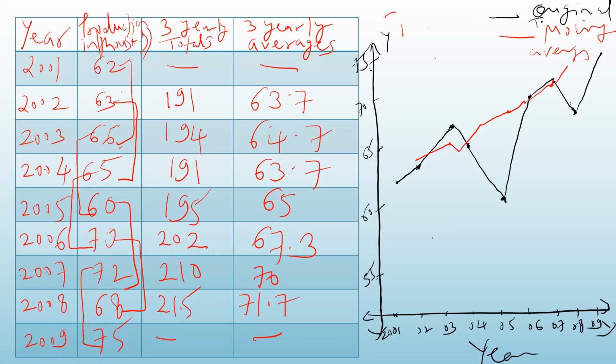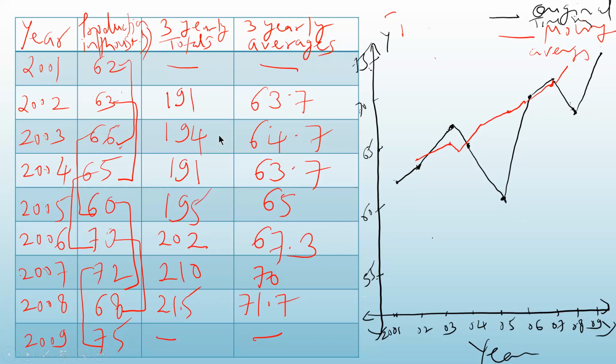So the one shown by the black color is the original, and the one shown by the red color is the 3-yearly moving averages. So in this way, you can plot both the time series on the same graph paper, and from the pattern of the graph, you can make out the trend.